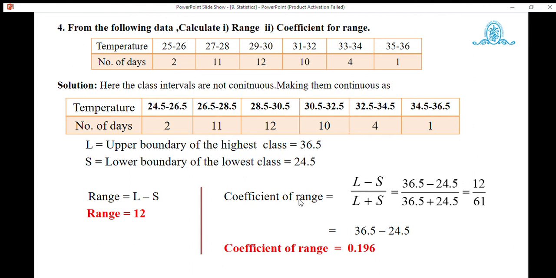Then coefficient of range, substituting in the formula L minus S upon L plus S, you get the answer as 12 by 61, that is 0.196. This is your coefficient of range for the given group data. So these are the examples of range and coefficient of range for 3 different types of data.